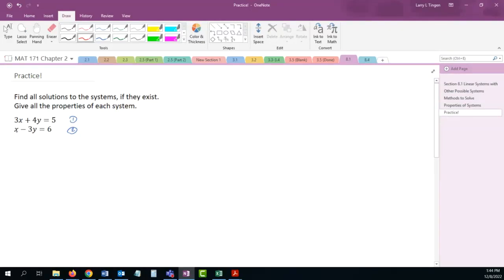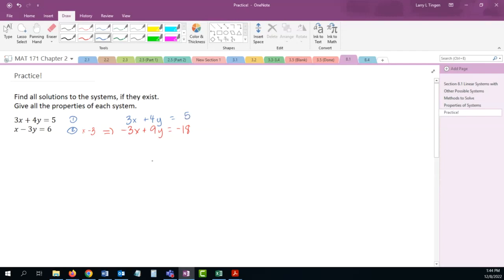Well, 3x and x, that's easy. If I just multiply that by -3, I'm going to end up with what? -3x plus 9y is equal to -18. Equation 1 doesn't change. You are allowed to do this twice. You can do different.